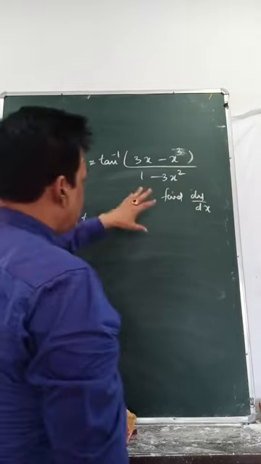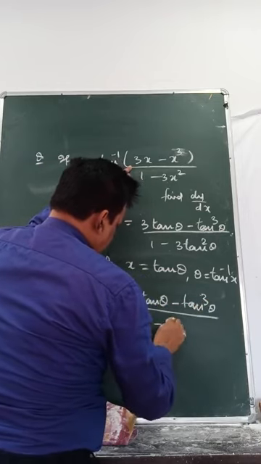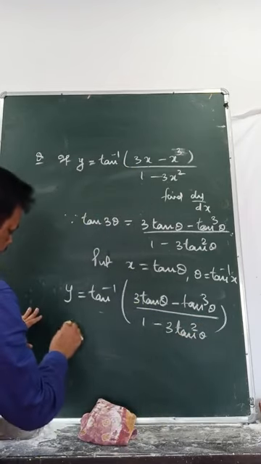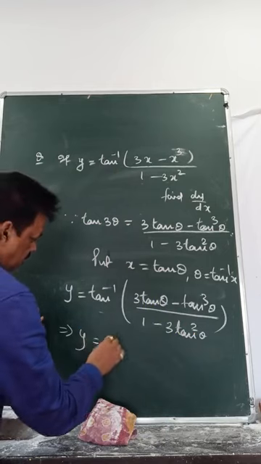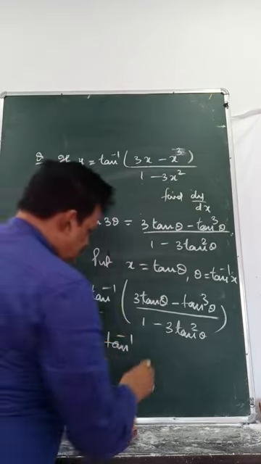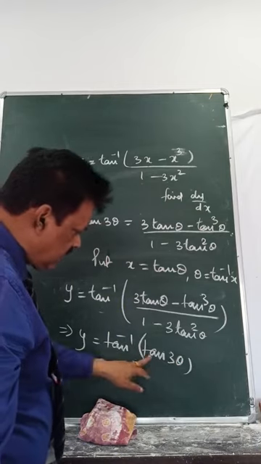So what is the value of y now? Y becomes tan inverse of 3 tan theta minus tan cube theta by 1 minus 3 tan square theta. This becomes tan 3 theta, so tan inverse tan is cancelled.